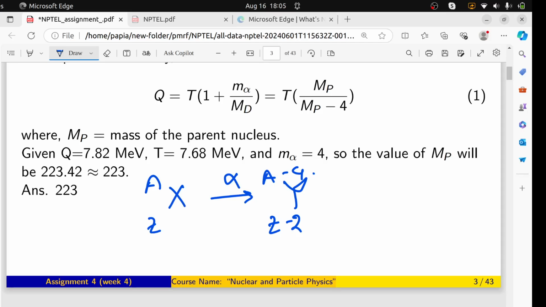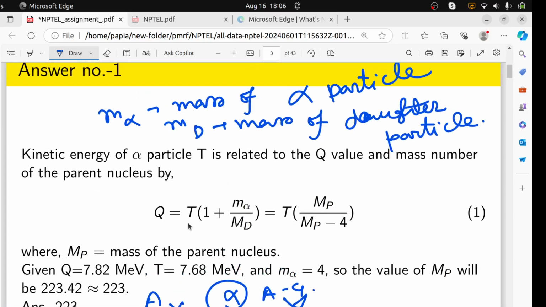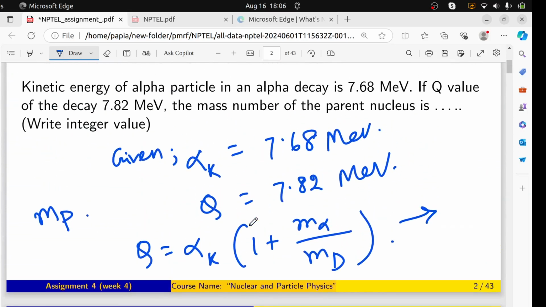So this is the parent particle, this is the daughter particle, and this is the alpha particle. As I told you, Q equals T alpha times (1 plus m alpha by m d). The alpha mass is very near to 4, so we will write it as 4, calculate the value of m d, and from m d, m p will be m d plus m alpha, right?